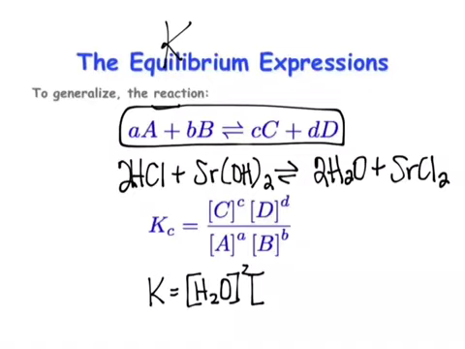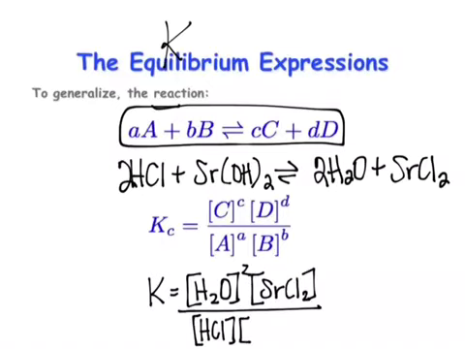Then I take my other product, which is SrCl2, and it does not have a coefficient, so it's to the power of 1. And then we put our reactants on bottom. Oh, 2, thank you. 2, right there.